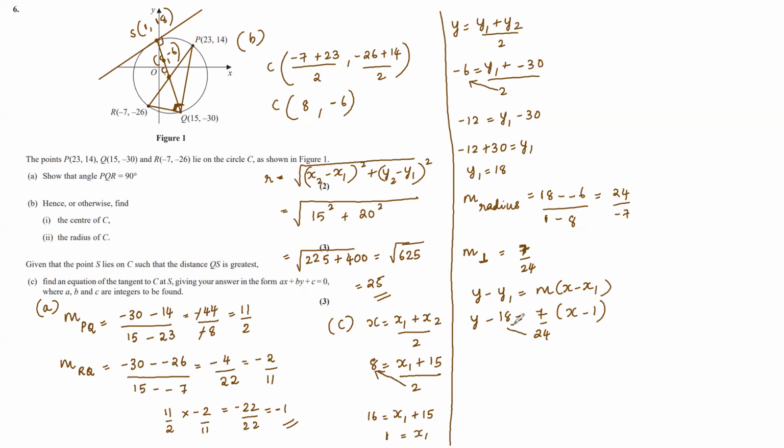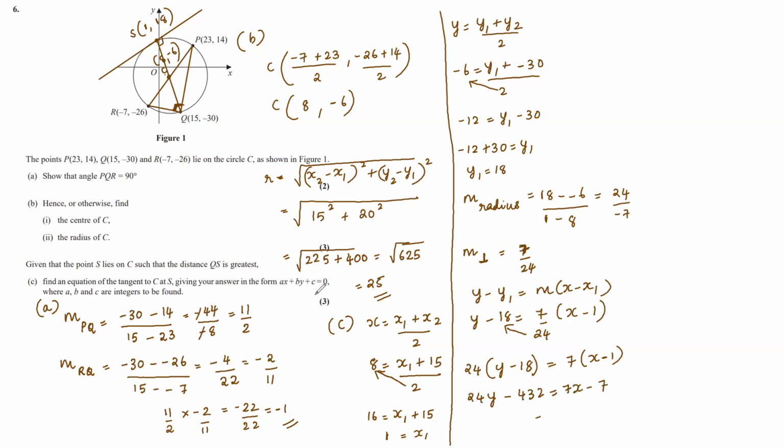When you cross multiply this, you will get 24 into y minus 18 is equal to 7 into x minus 1. So 24y minus 24 into 18 will give us 432, is equal to 7x minus 7.